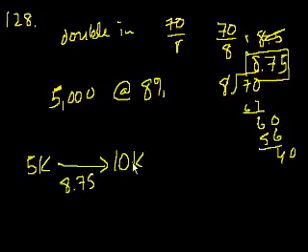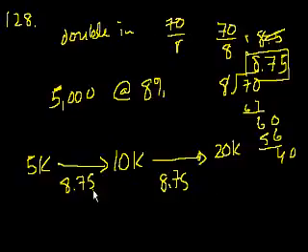And then after another 8.75 years, you're at $20,000. This isn't exactly 18 years, this is 17.5, but that's about as close as we're going to get. So in 17.5 years, you get to $20,000. They're asking about 18 years, and this is all about approximation because they don't want you to do some hardcore exponent math here. And so the answer is A.